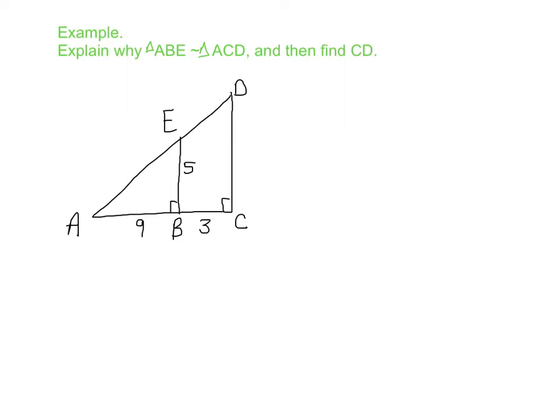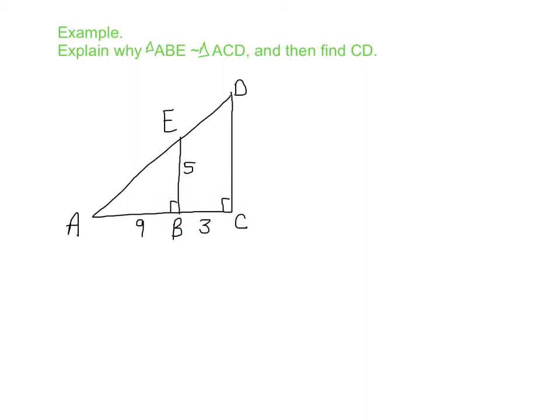So let's go ahead and look at an example. What we want to do is explain why triangle ABE is similar to triangle ACD, and then find the length of CD. So we have our triangles here. The first thing I notice is a right angle and a right angle.